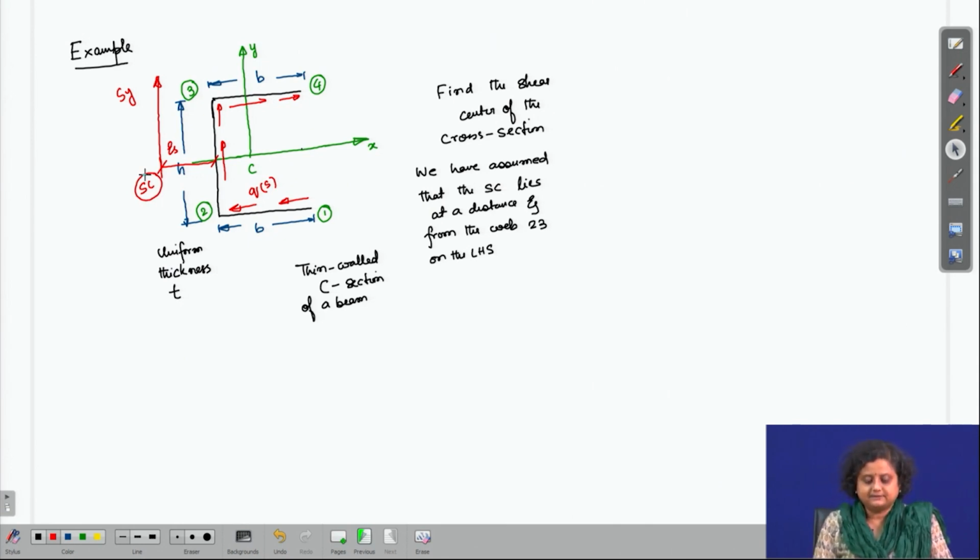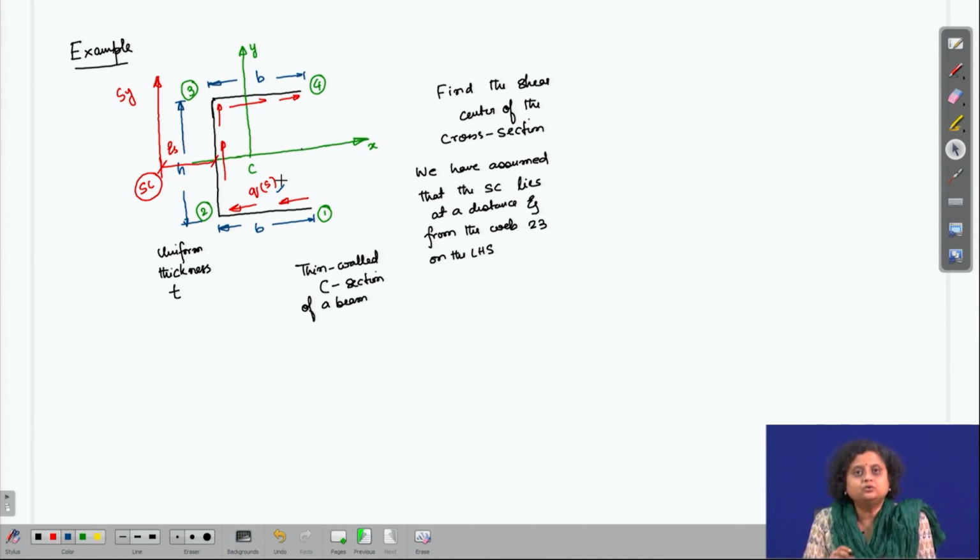The reason is that the moment produced by this Sy about any point on the plane of the cross section will be balanced out by the moment produced by Qs about that same point, and that way the net resultant torsional moment on the beam cross section is going to be 0.